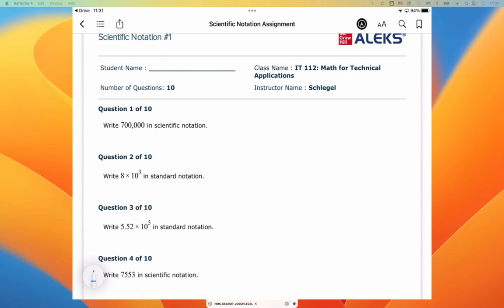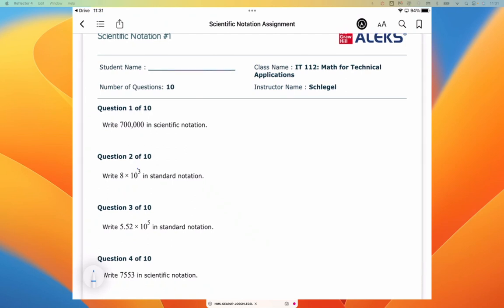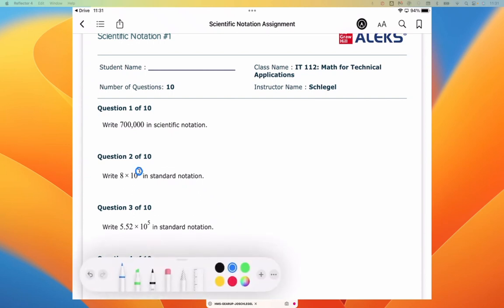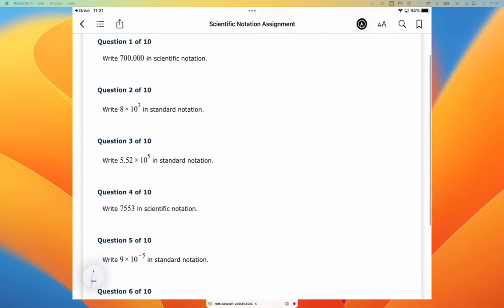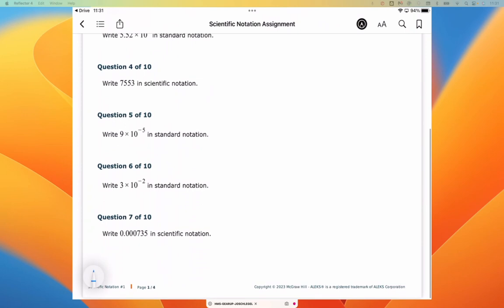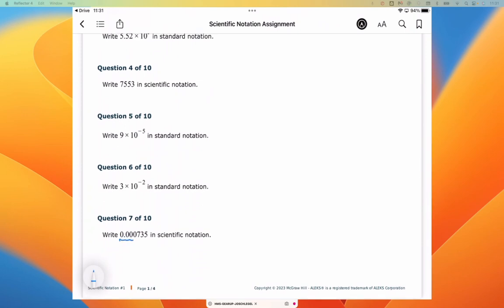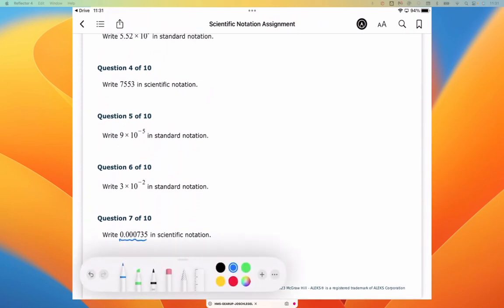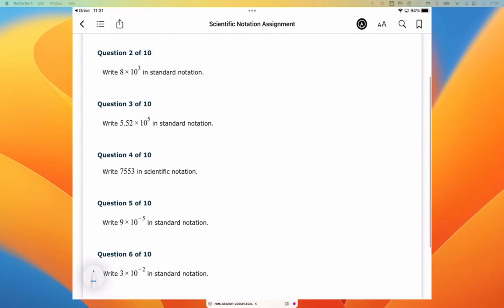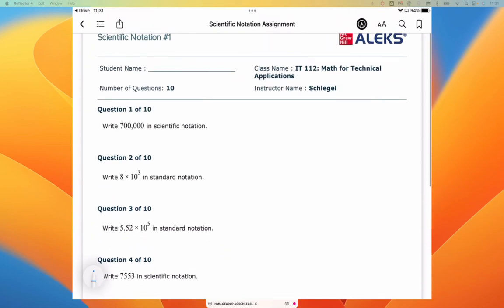And so the simple way to describe this is, we're going to be dealing with exponents as we do this. If the number is bigger than 1, the exponent that we have is going to be positive. If the number that we're dealing with is smaller than 1, like this one here, the exponent in that case would be negative. And so I'll just put a note here at the top for myself really quick.